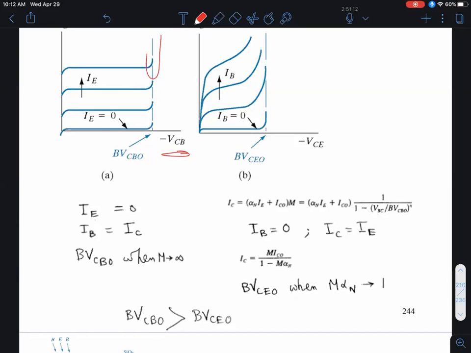You can similarly define a BVCEO. So this is the breakdown voltage between the collector and the emitter with the base open. So the O stands for open, okay? If the base is open, my base current is equal to 0. Under these conditions, IC must be equal to IE. And if you go through the math, you'll see that BVCEO is going to be smaller than BVCBO, okay?